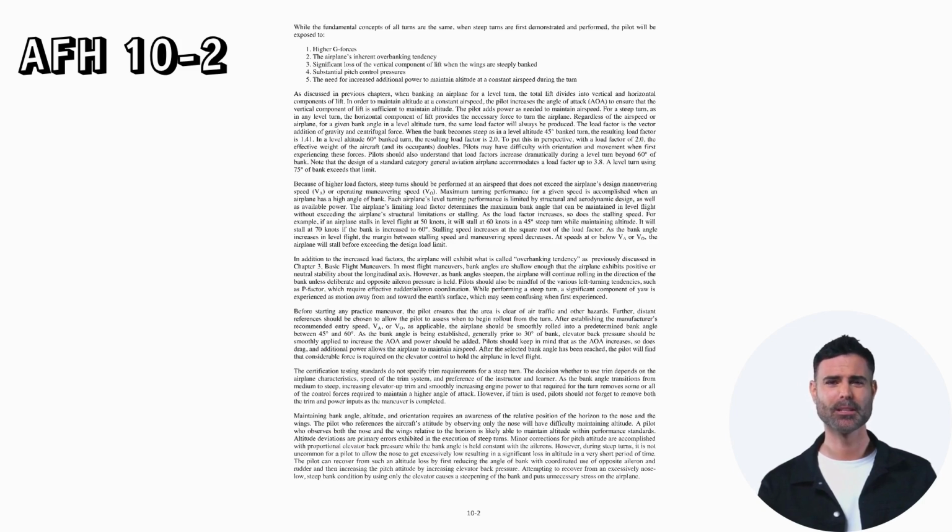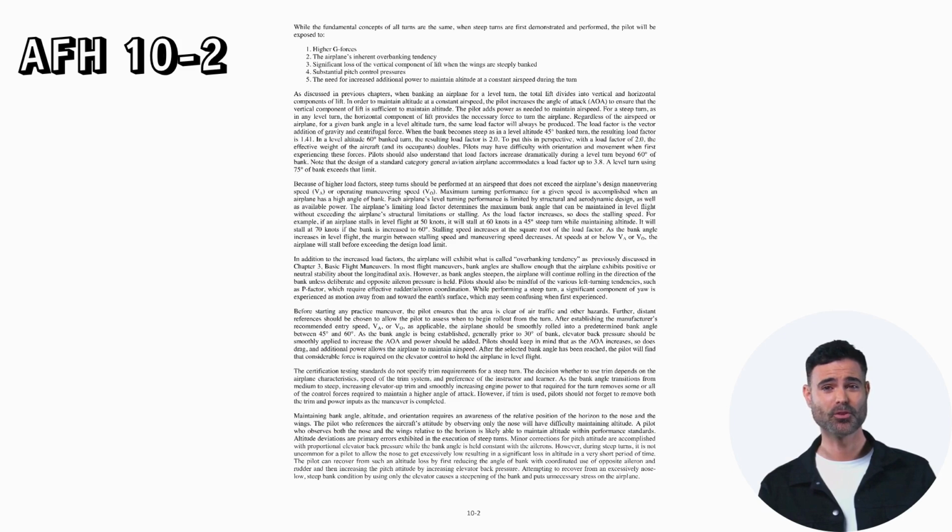The load factor is the vector addition of gravity and centrifugal force. When the bank becomes steep, as in a level altitude 45 degree bank turn, the resulting load factor is 1.41. In a level altitude 60 degree bank turn, the resulting load factor is 2.0. To put this in perspective, with a load factor of 2.0, the effective weight of the aircraft and its occupants doubles.